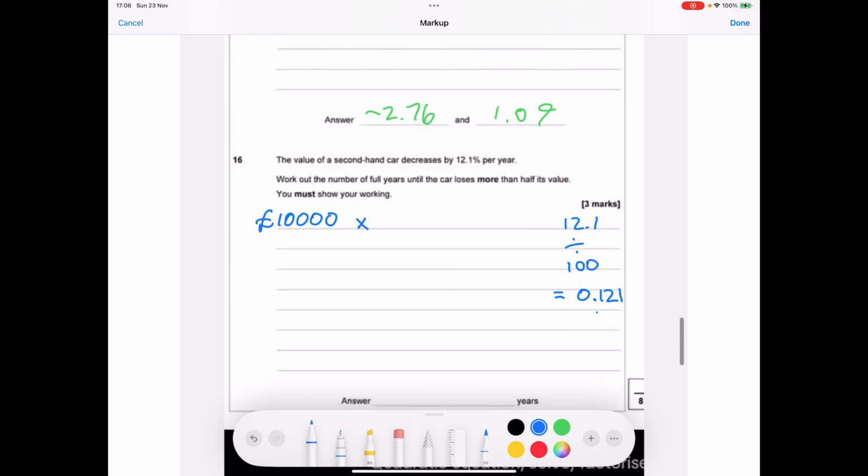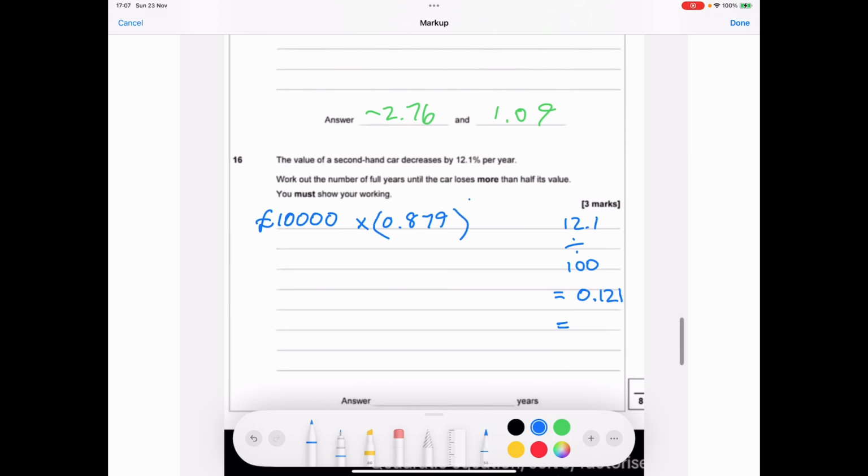So it's going to lose 0.121 every year, which means its multiplier is going to be 1 minus 0.121, which equals 0.879.